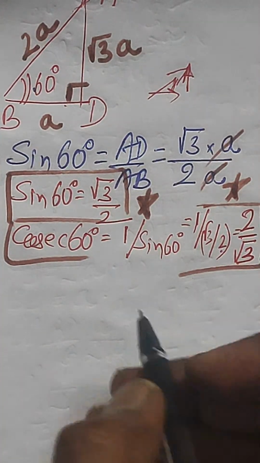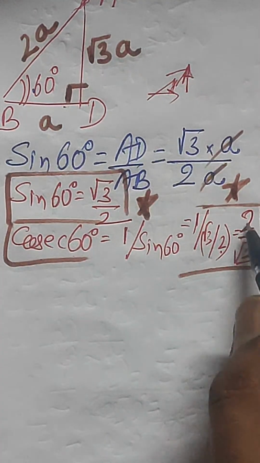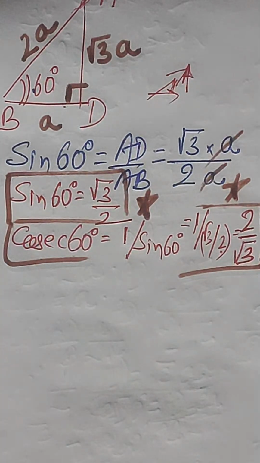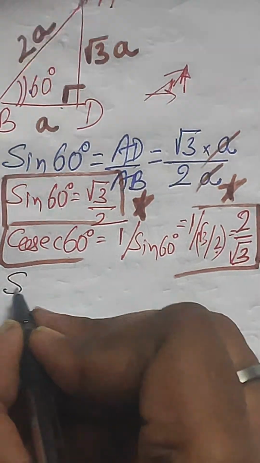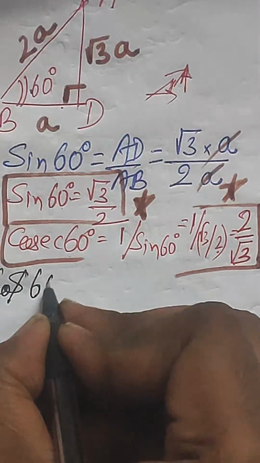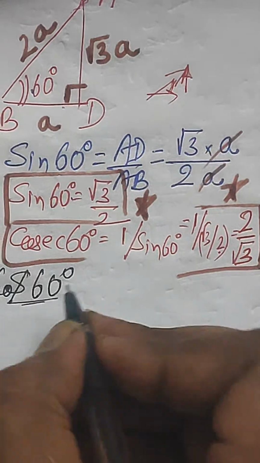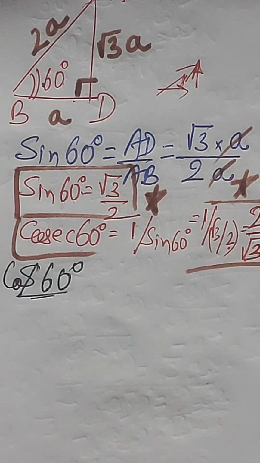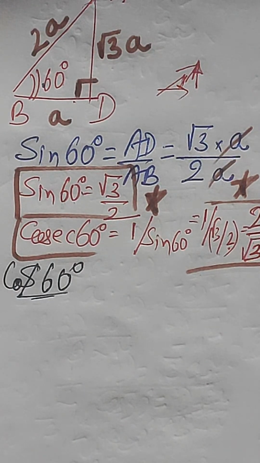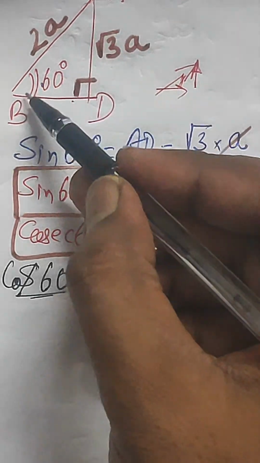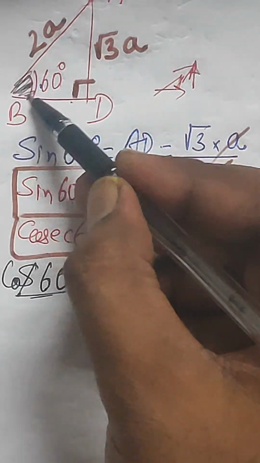Love you. So cosec 60 degree is 2 by root 3, right? Now let us calculate the value of cos 60 degree. Cos 60 degree, this one is 60 degree.